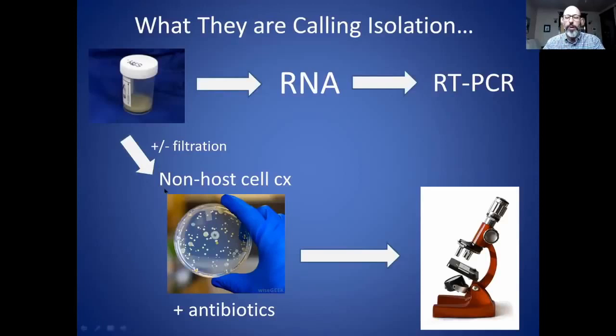They often buy commercially prepared mammalian cell cultures, a very common one being Vero cells, which are monkey kidney cells. So they basically mix this with some kind of cell culture, and often they add antibiotics, in almost every case that I've seen where there are detailed methods written up.